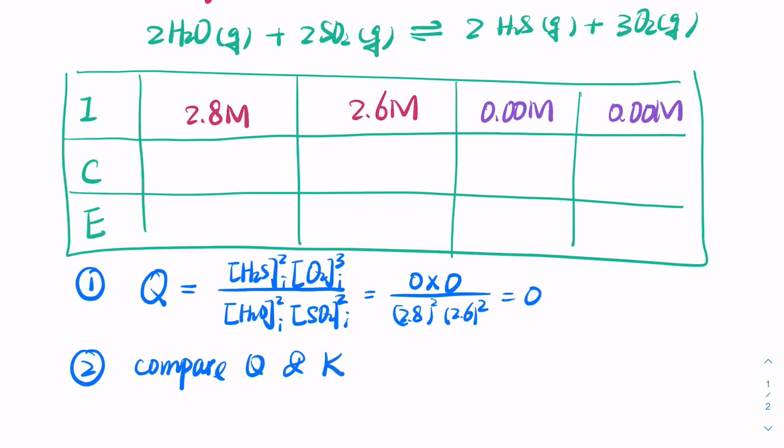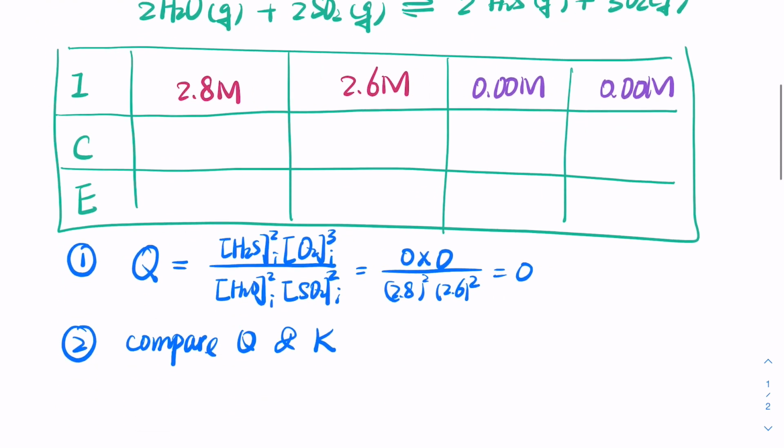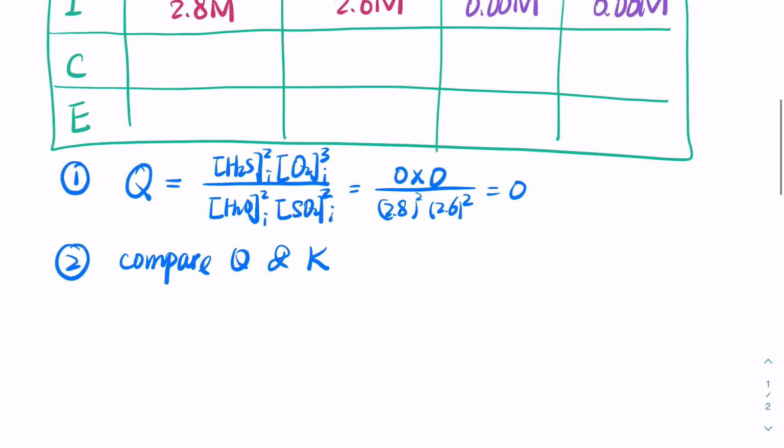Q is 0. Let's see what K is. Remember, K is 1.3 times 10 to the negative 6. Even though that's a small number, it's still bigger than 0, so Q is smaller than K. Once we decide this, that's good.